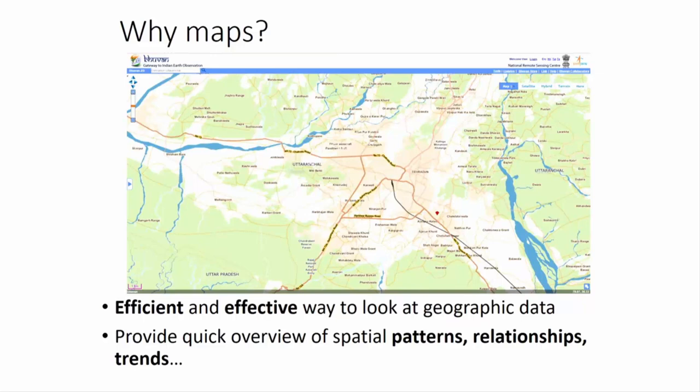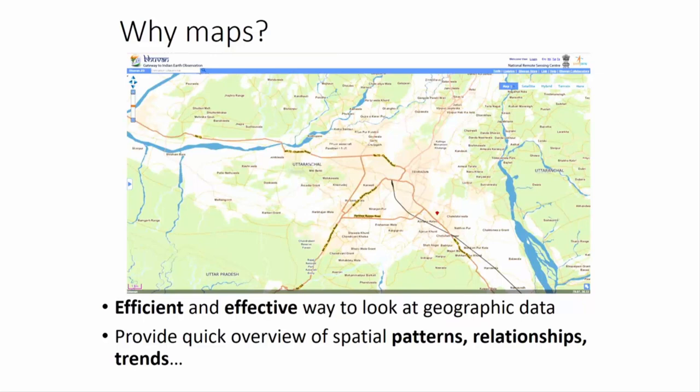The basic reason for this representation is that the person who is going to read this data set should be able to get an understanding of the area, not only in terms of what is where, but also in some cases to understand the spatial pattern, distribution, and relationships.